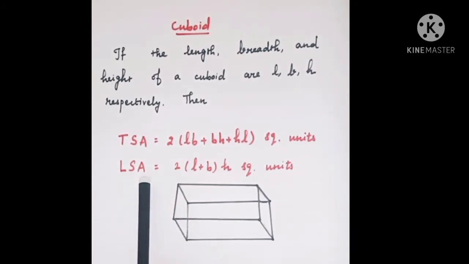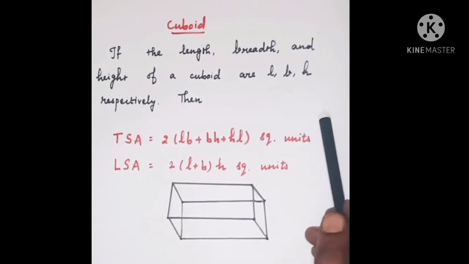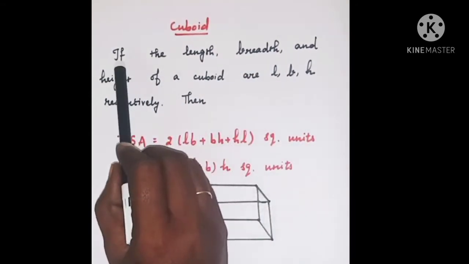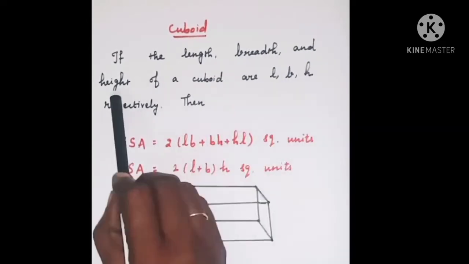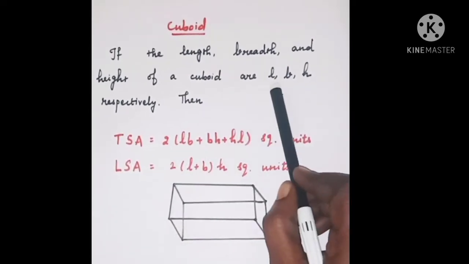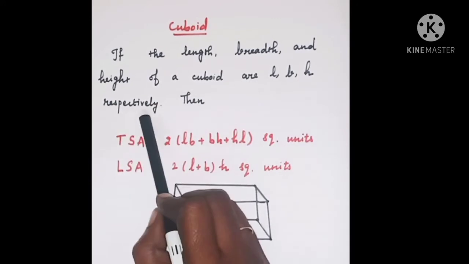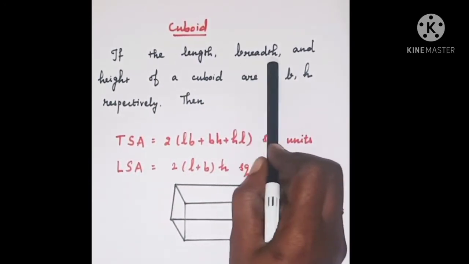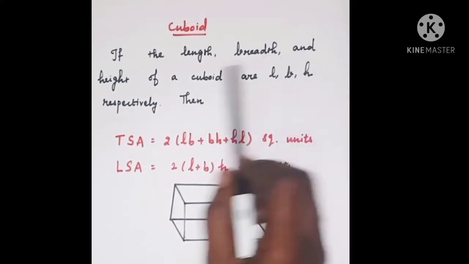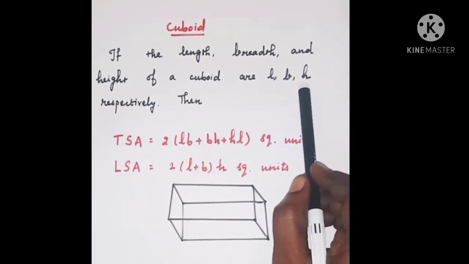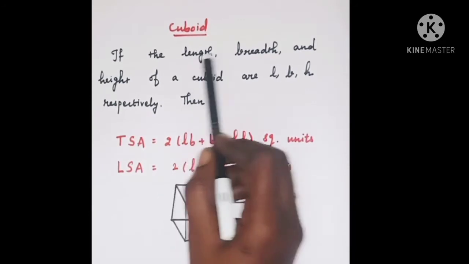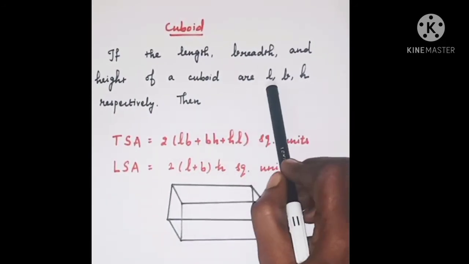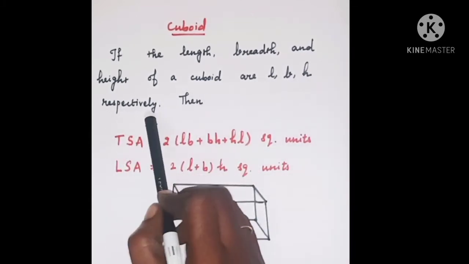Now, the formula: if the length, breadth and height of a cuboid are L, B, H respectively. Length is L, breadth of the cuboid is B, and height of the cuboid is H.